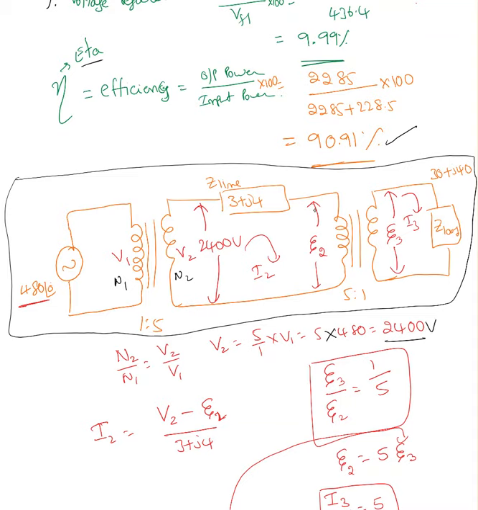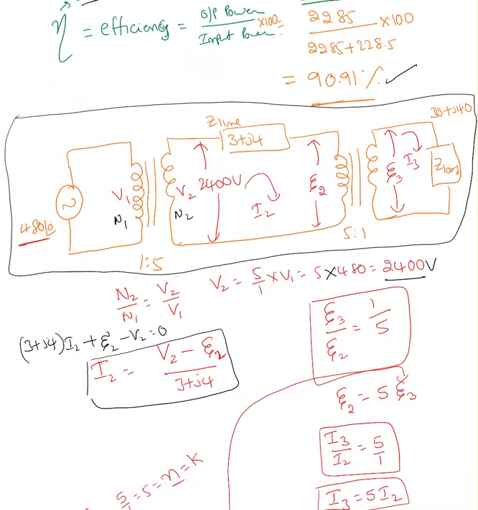Now I'm going to take this voltage as E2. If I apply KVL in loop 2, (3 plus j4) I2 plus E2 minus V2 equals 0. If I simplify, I2 equals (V2 minus E2) over (3 plus j4).